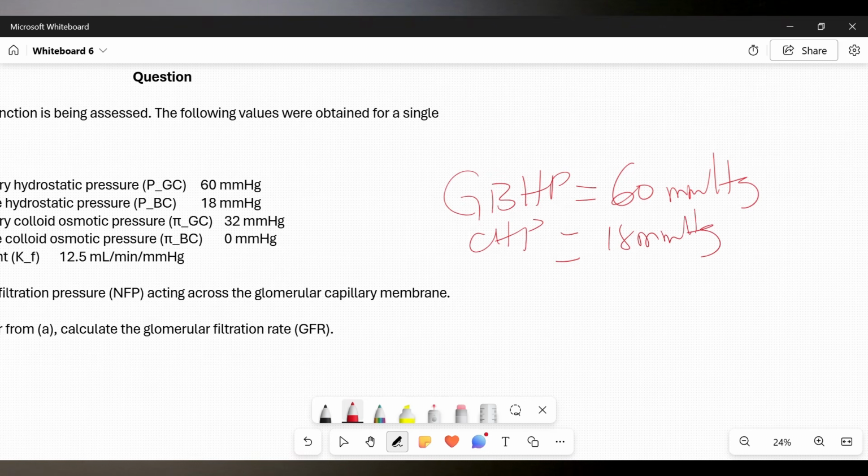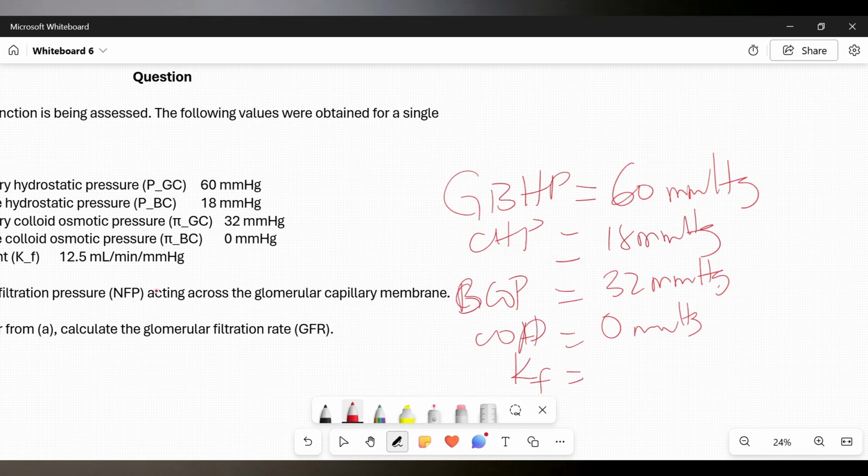We have our glomerular or capillary colloidal oncotic pressure, which we will call BCOP in this case, to be 32 millimeter mercury. Our capsular oncotic pressure is 0 millimeter mercury. Then our filtration coefficient KF is 12.5 mil per minute per millimeter mercury.